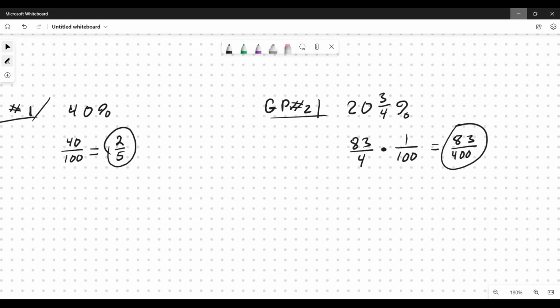Any questions on those two? Yep, 83 over 400 doesn't even reduce. It's just kind of ugly. I can reduce it. You could? Is that what you said? I said tried to reduce it. Oh, yeah. No, I was working on it.